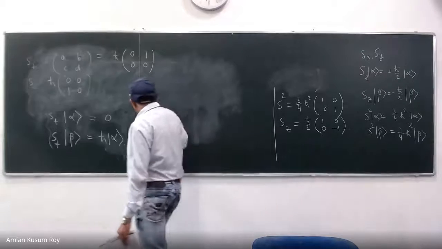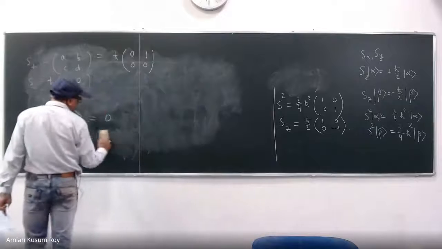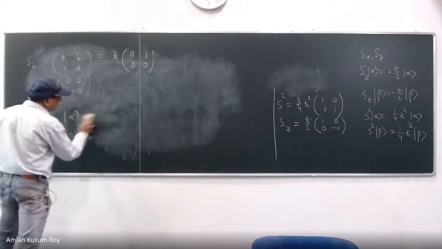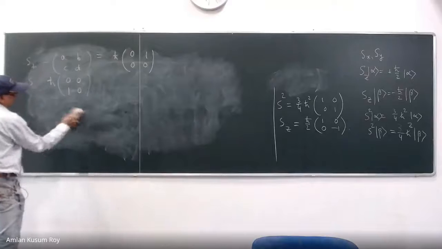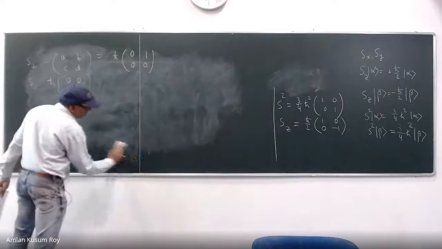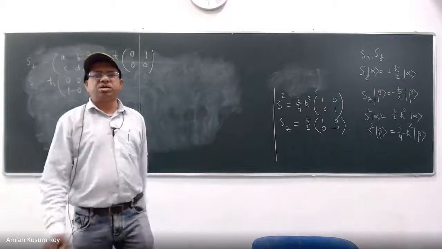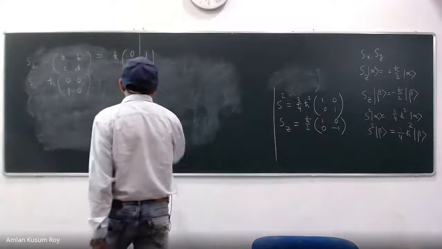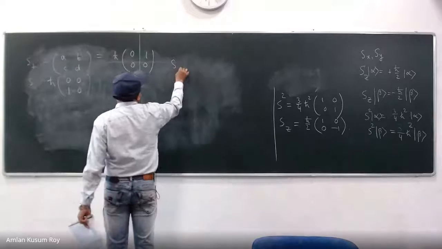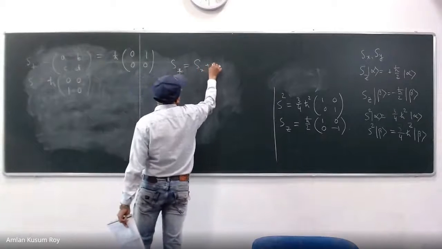So now I have gotten the S plus and S minus. Then what do I do? My objective was to get Sx and Sy. Never forget the target. So I can use S plus is equal to Sx plus iSy, and S minus is equal to Sx minus iSy.